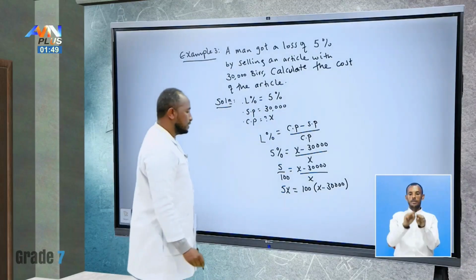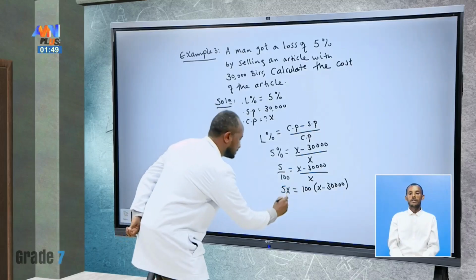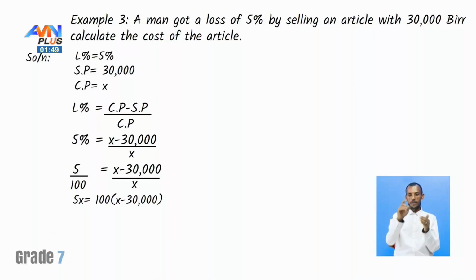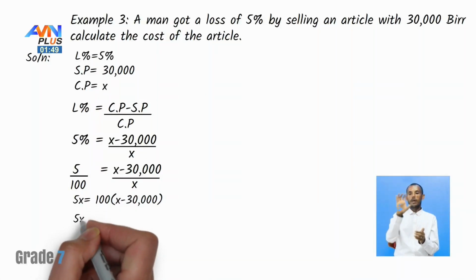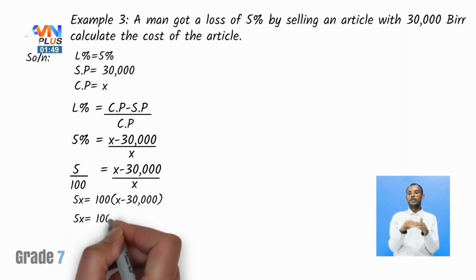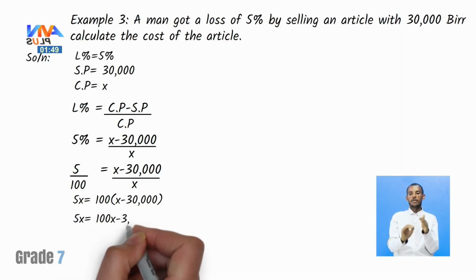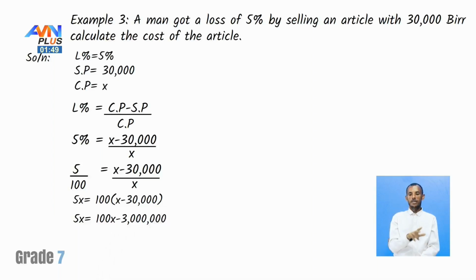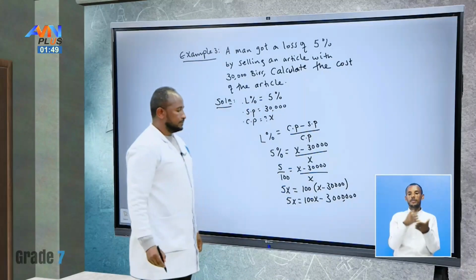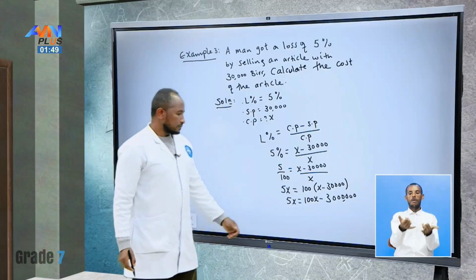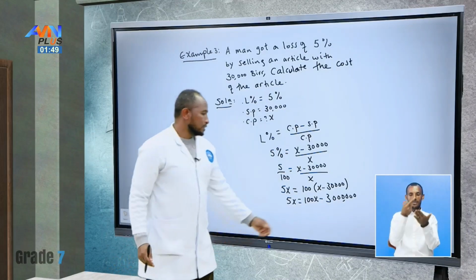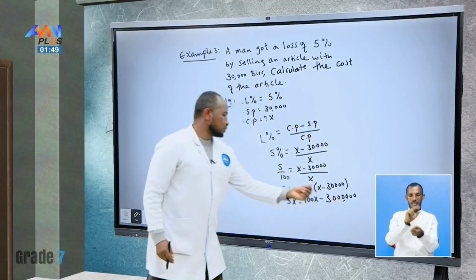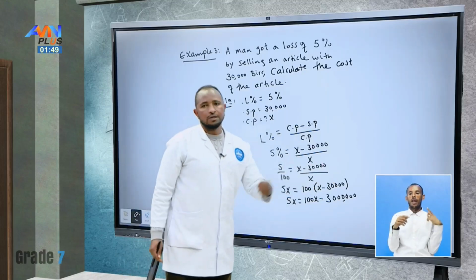So here this becomes 5x is equal to 100 times x, it is 100x, minus the product of the two, which will be 3 million. Now, just shift 3 million to the left and 5x to the other side.